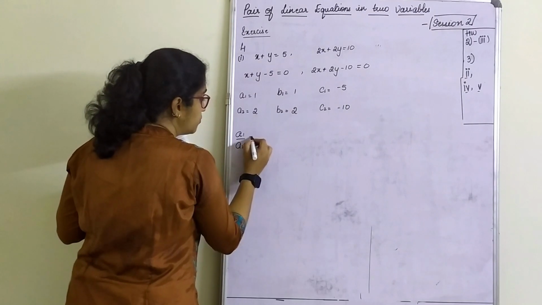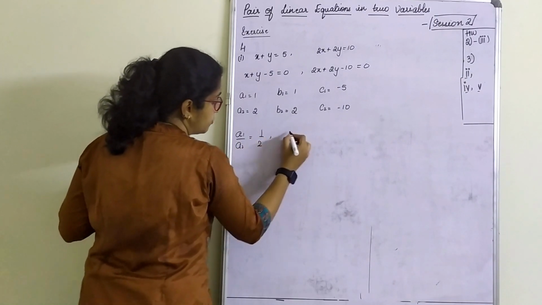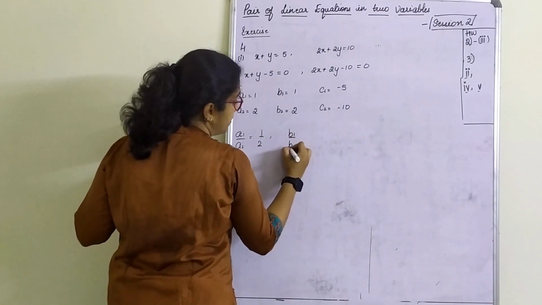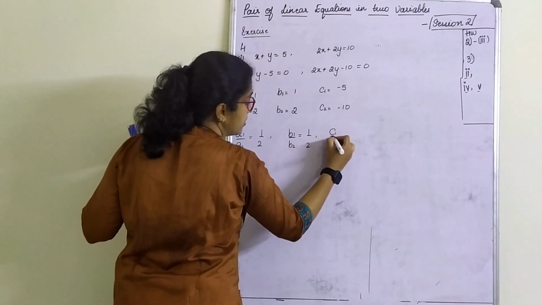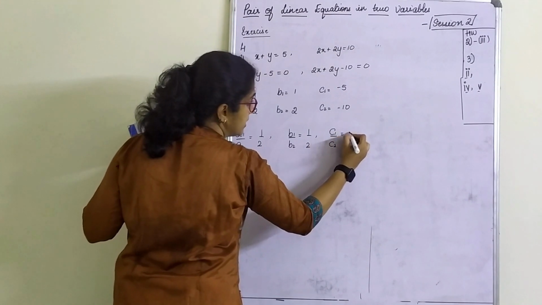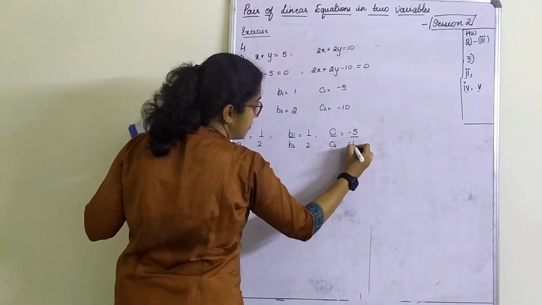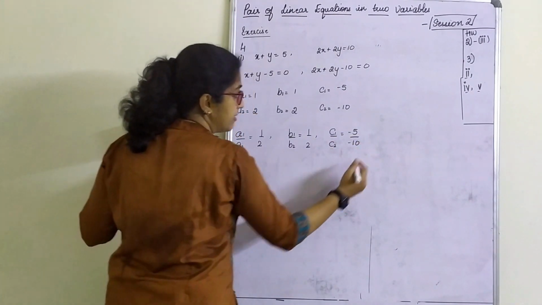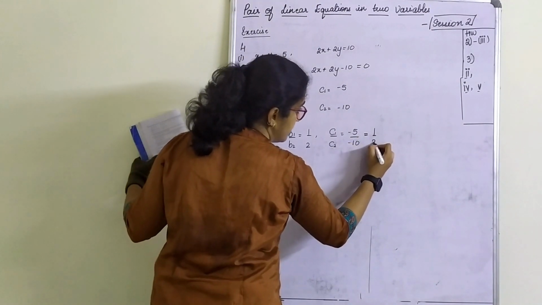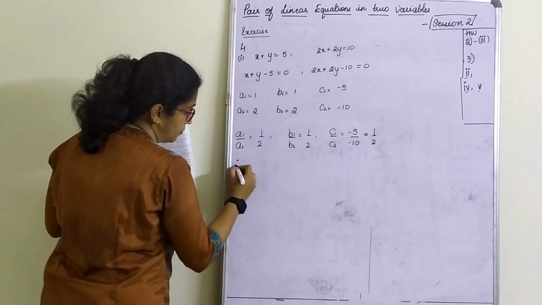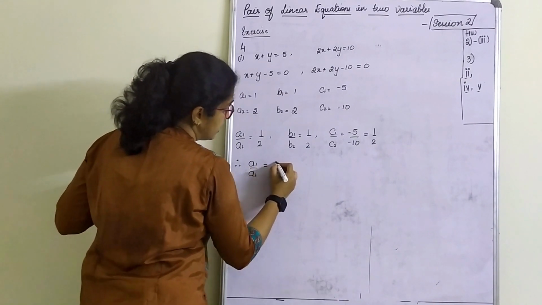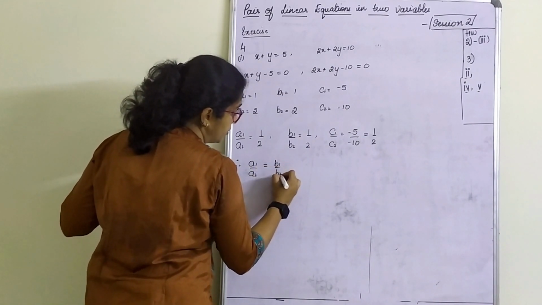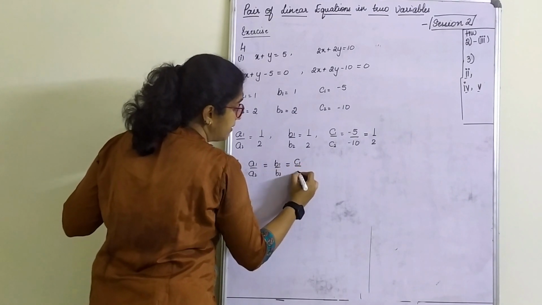A1 by A2 is equal to 1 by 2. B1 by B2 is equal to 1 by 2. C1 by C2 is equal to minus 5 by minus 10. When minus and minus get cancelled, the answer is 1 by 2. Therefore, A1 by A2 is equal to B1 by B2 is equal to C1 by C2.